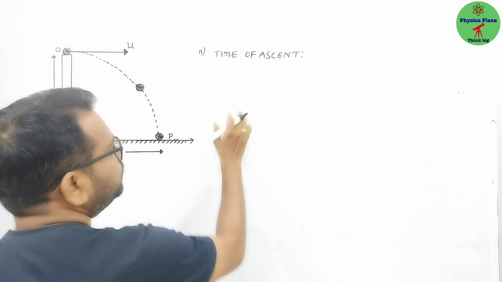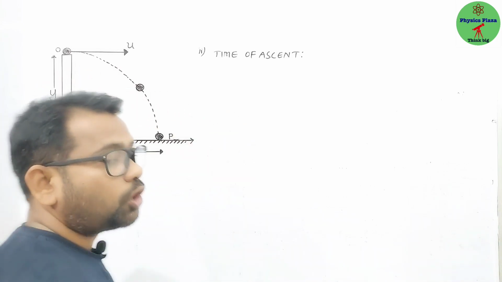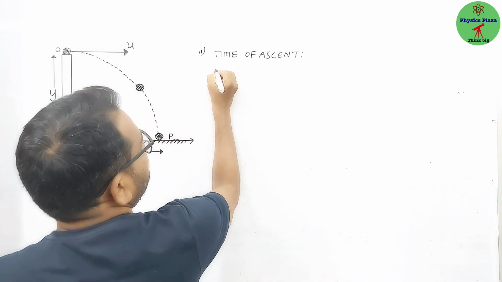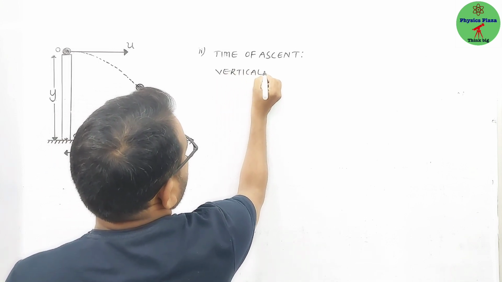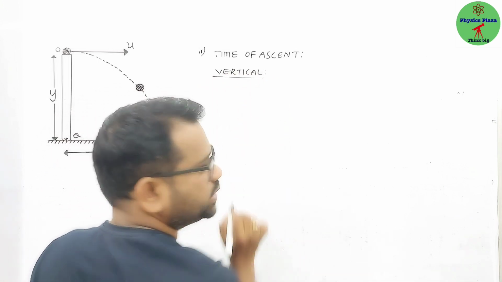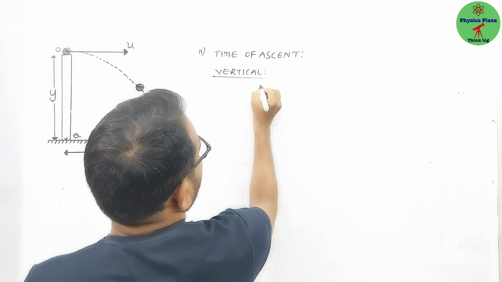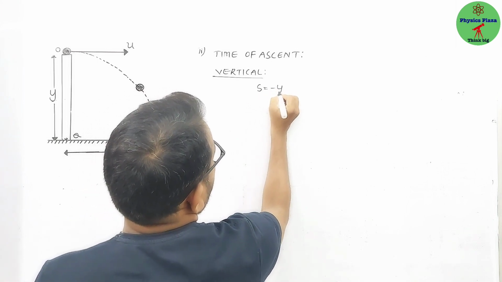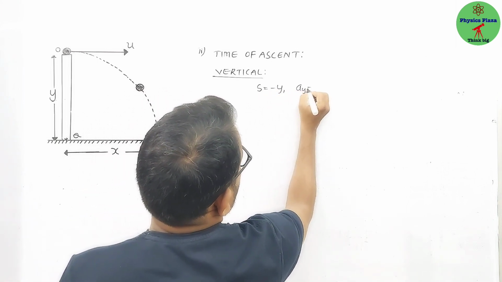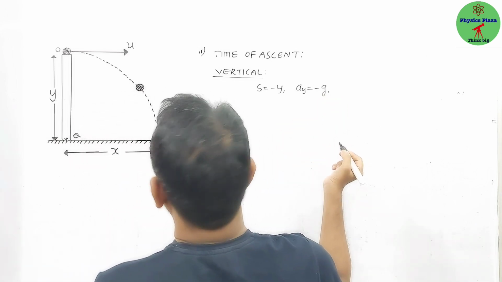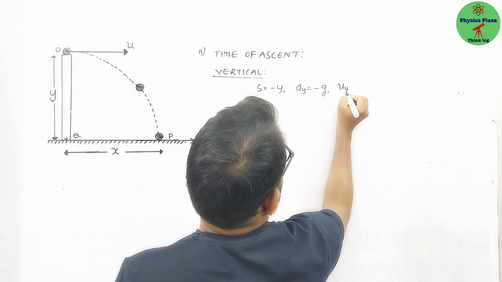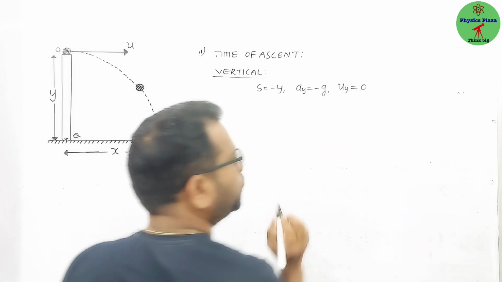Okay, fine. Again, we need to consider the vertical motion. So let us consider vertical motion to derive the expression for time of ascent. As we know, s is equal to minus y, ay is equal to minus g, and of course the initial velocity in the vertical direction is 0.